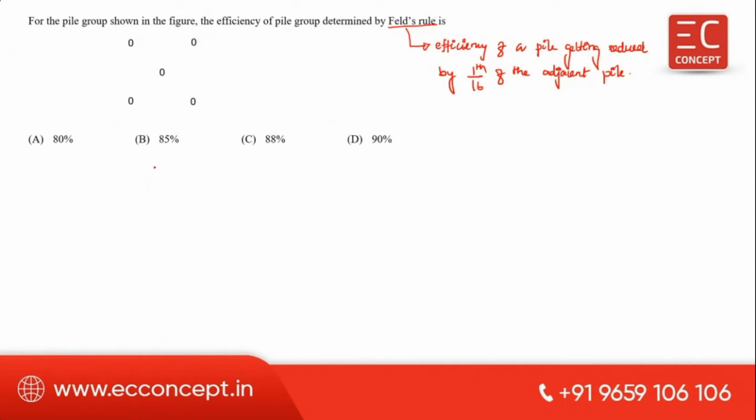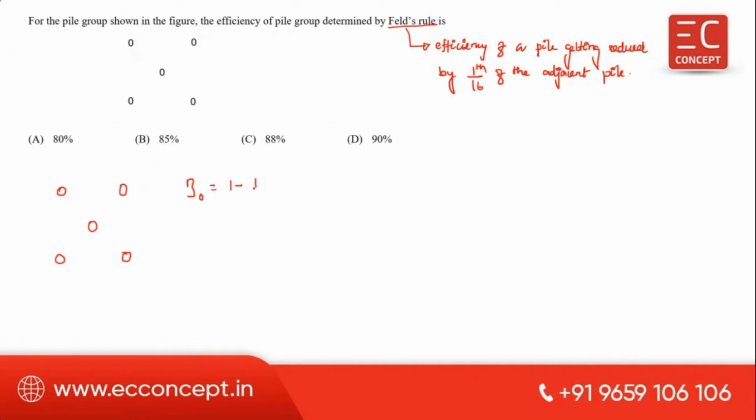Now see, there are 4 piles on the outer side, 1, 2, 3, 4, and 1 pile is inner. Each outer pile is affected by 3 adjacent piles, not this one. Similarly, this also is affected by these 3 only. These 3 piles are near to this pile.